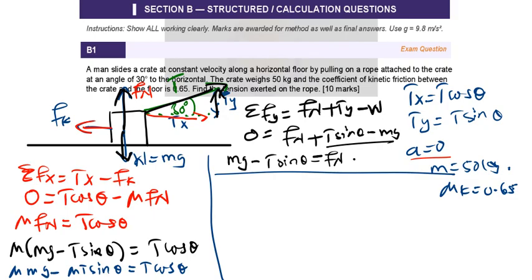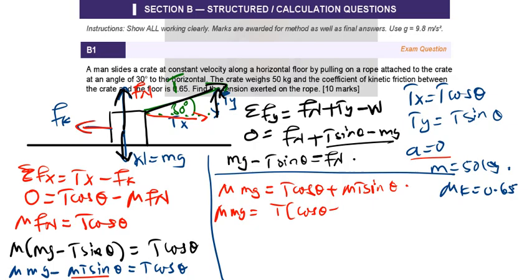Now we shift this to the other side, so we end up having mu mg equal to T cos theta plus mu T sine theta. We factor out T because we want to make T the subject of the formula. Mu mg will be equal to T, open brackets, cos theta plus mu sine theta.